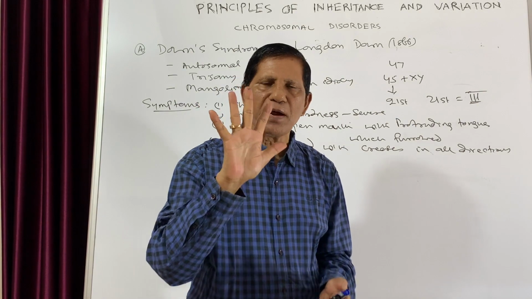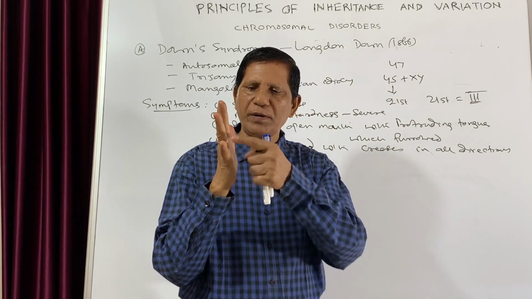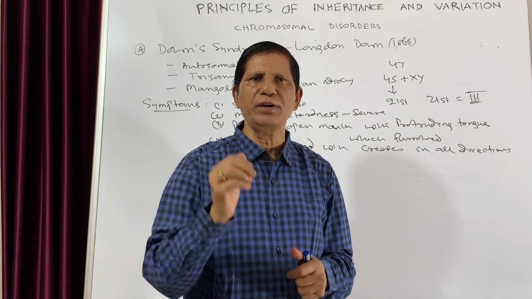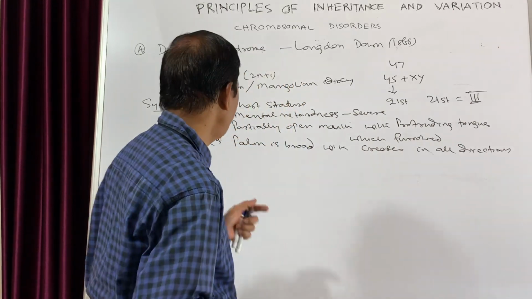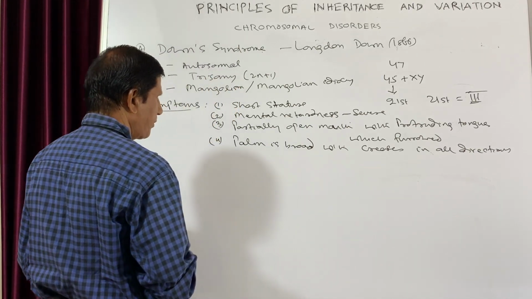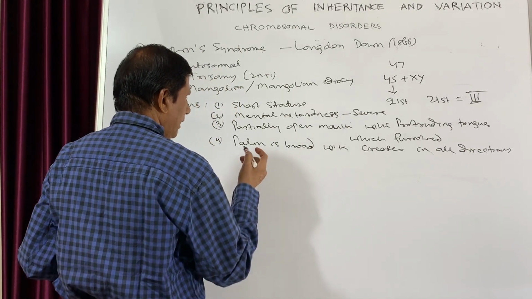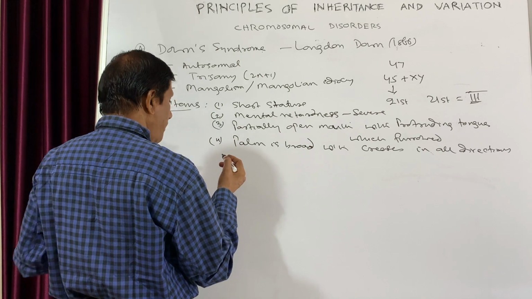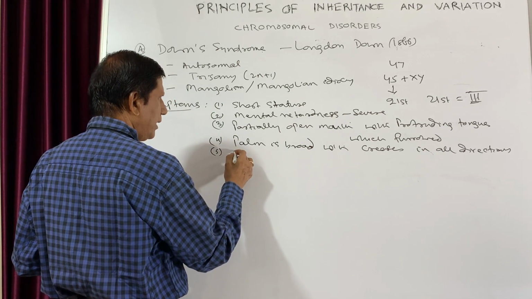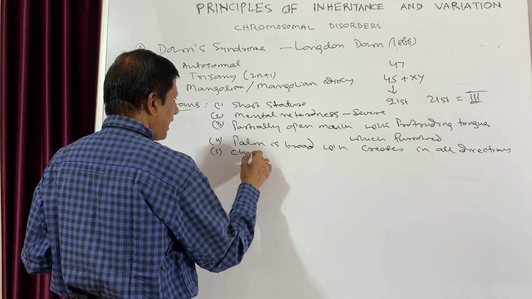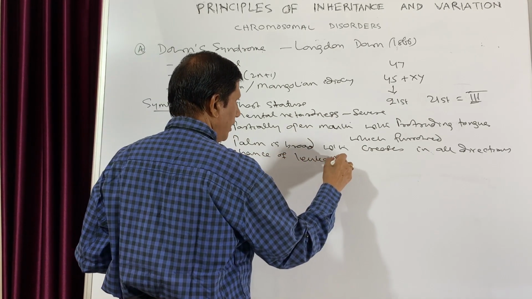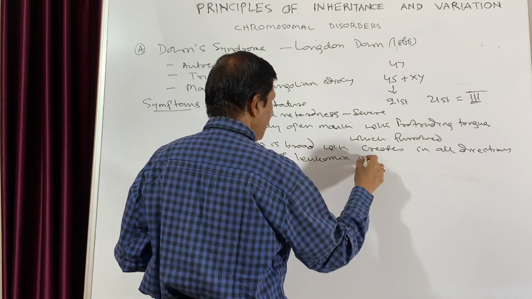Usually the size of the palm is very big and there will be different creases, that means different lines in different directions with some foldings. So that is known as the palm is broad with creases in all directions. Then another is that the chance of leukemia is more.